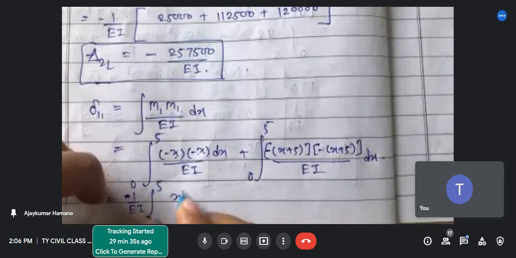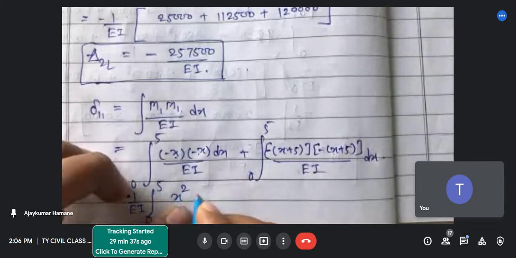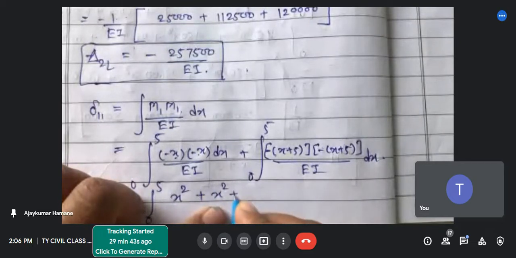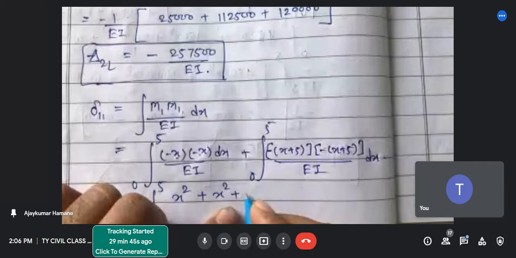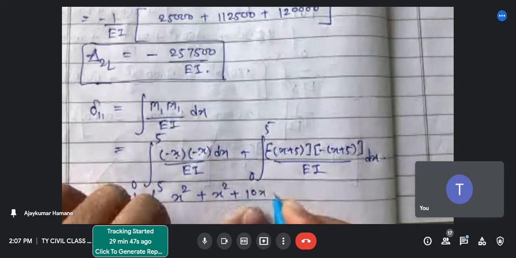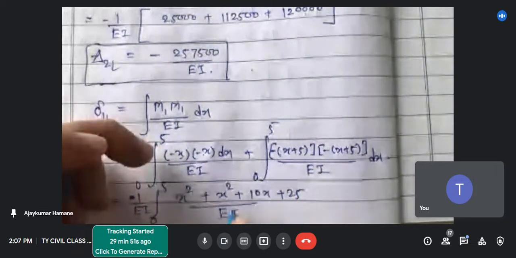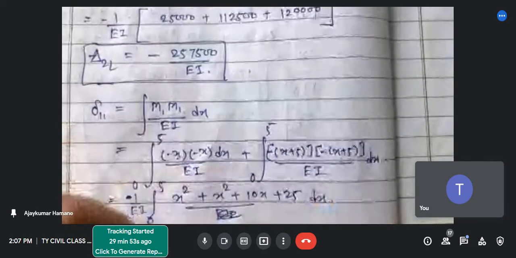0 to 5, x square plus x square plus 10x plus 25 divided by EI common into dx. Correct?